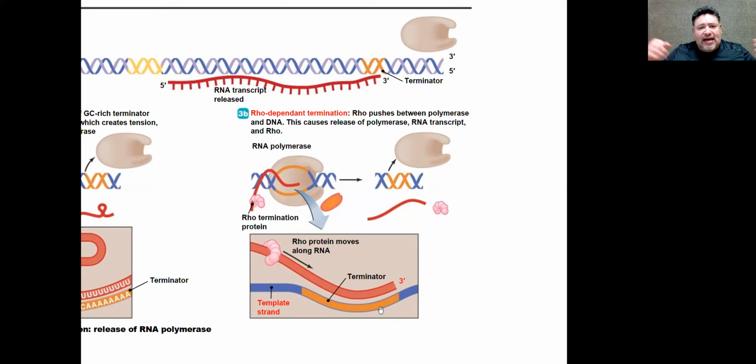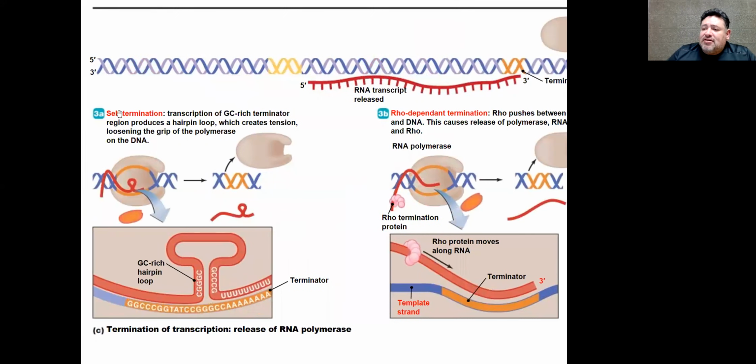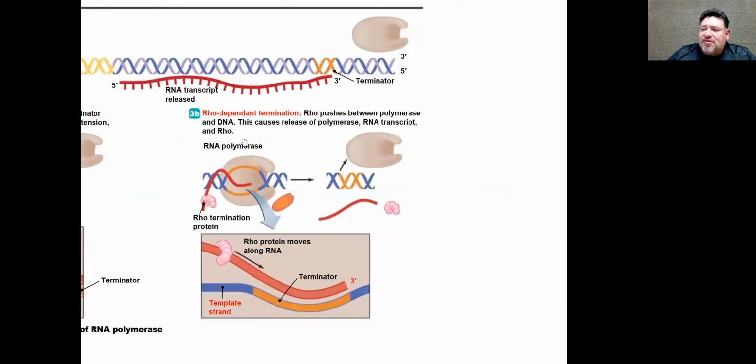It pulls them apart, and it has the same effect. It pulls the message off of the DNA template, and consequently pulls the RNA polymerase off of it. So this is self-termination or protein-independent termination, and this one is Rho-dependent or protein-dependent termination.